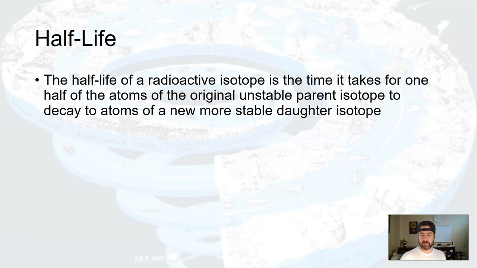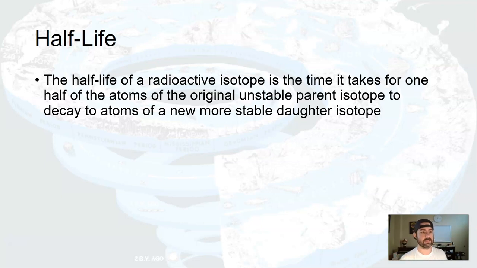The half-life of a radioactive isotope is the time it takes for half of the original unstable parent isotopes to decay to the more stable daughter isotopes. So it's that time frame in which half of the original parent material has decayed to the stable daughter isotopes.